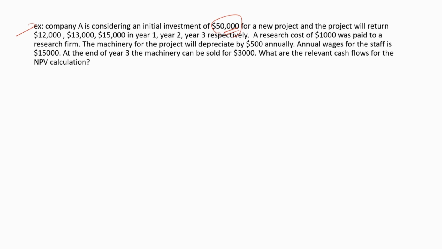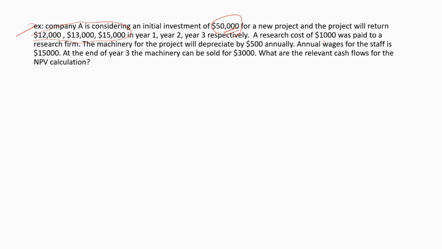And they have given the returns for year 1, 2 and 3. All these cash flows are relevant because these are future incremental cash flows, which means if the company decides to invest in the new project, these cash flows will be raised. So these cash flows will be considered under NPV calculation.